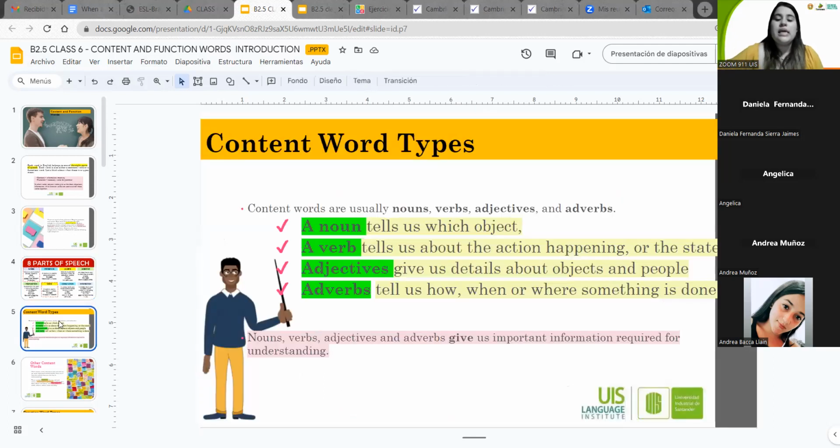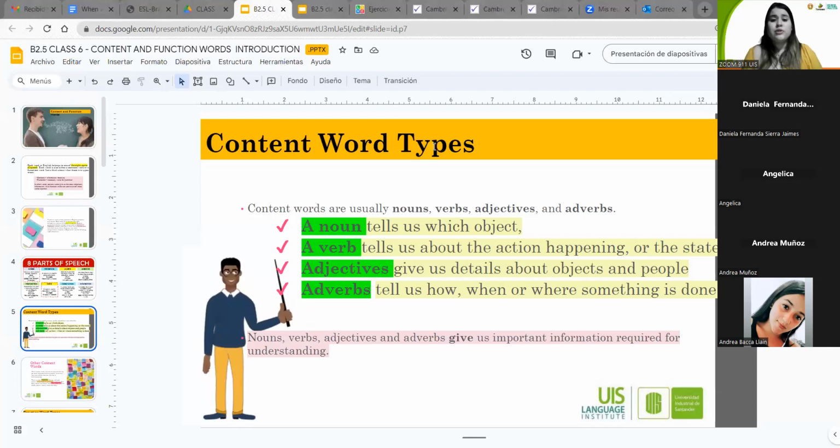So as I was saying, before we started talking about the parts of speech, we were talking about content words. I told you that content words are the ones in charge of giving meaning or carrying information.